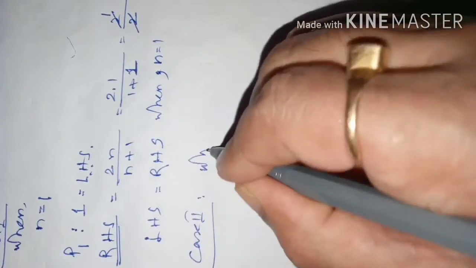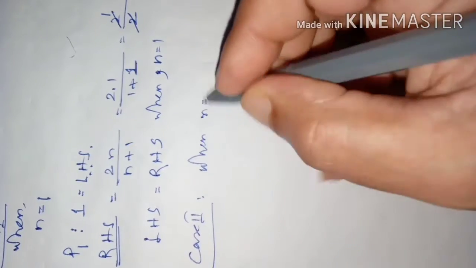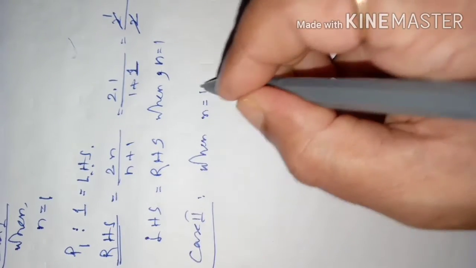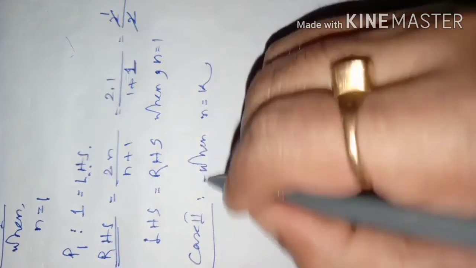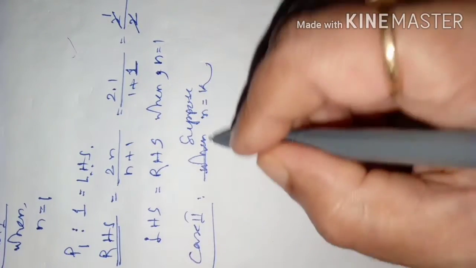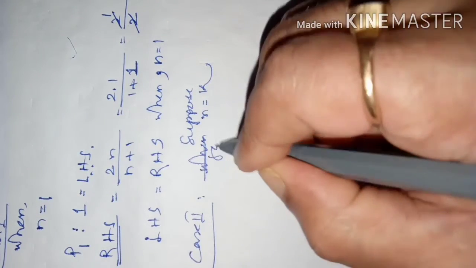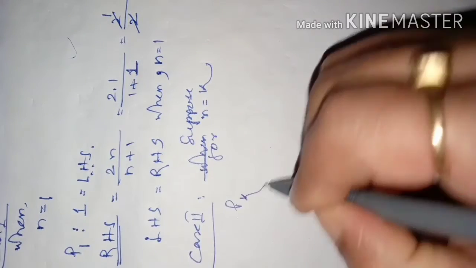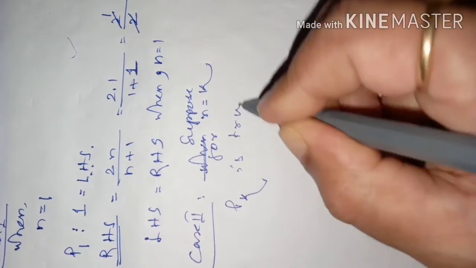Now take case 2. Suppose, the second step is always the supposing step. Suppose for n is equal to k, Pk is true.